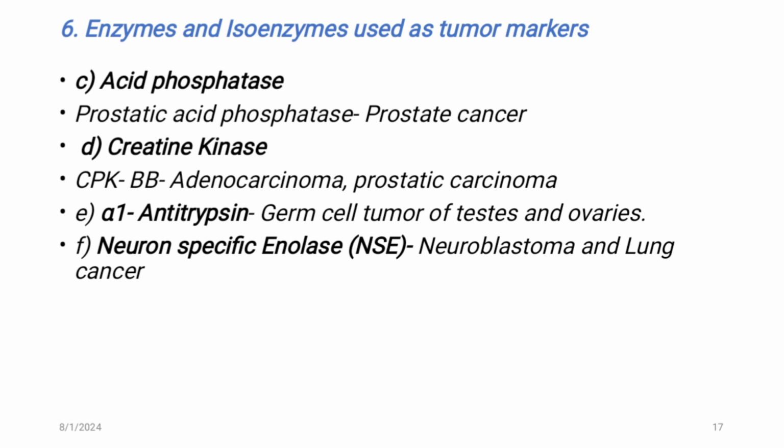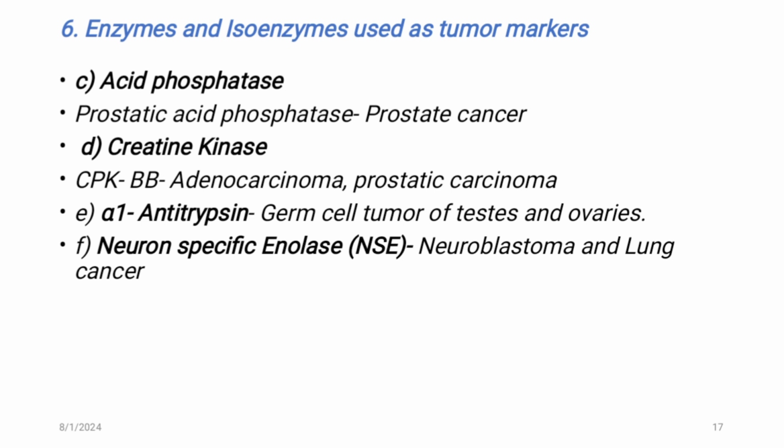PSA is used for the prostatic cancer. Prostatic risk, diagnosis, and screening can be carried out by PSA level in the body. The next is the creatine kinase, that is the CPK-BB, in adenocarcinoma and prostatic carcinoma. So acid phosphatase and creatine kinase may be increased in the case of the prostatic cancer and carcinomas.